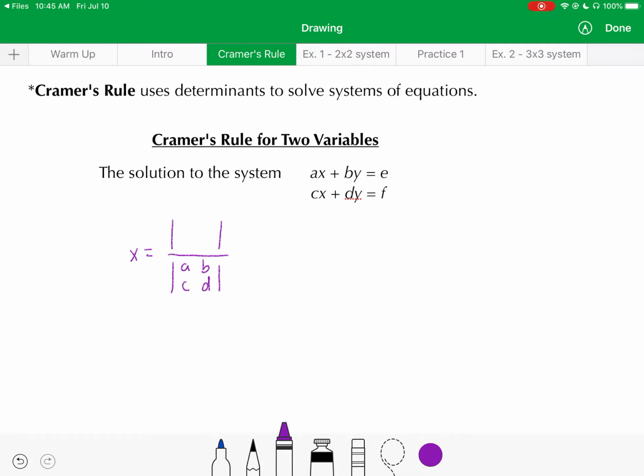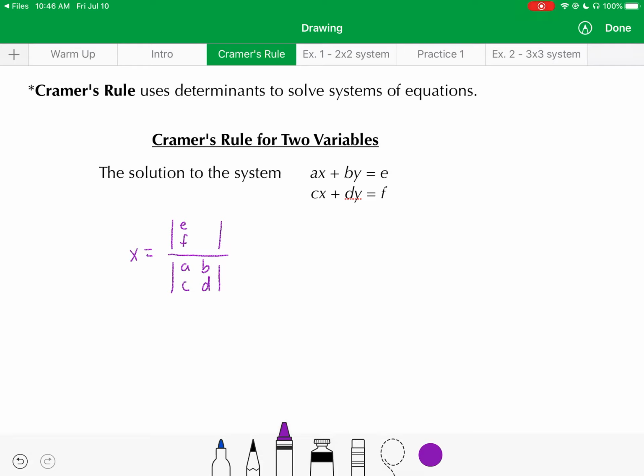And notice those four elements are simply the coefficients on the variables within the two equations of the system. Now in the numerator, since we are solving for the variable x, notice the coefficients on x are a and c. Since we're solving for x, we're going to replace those coefficients with e and f to make up the first column.